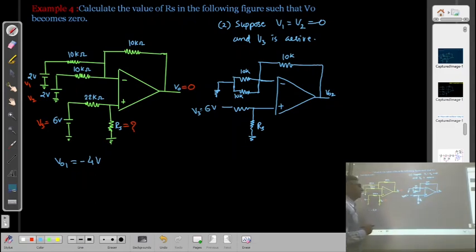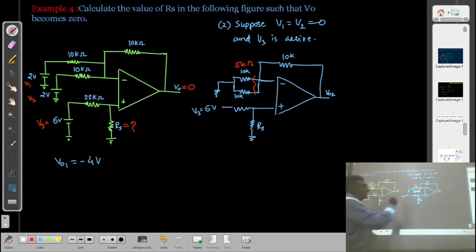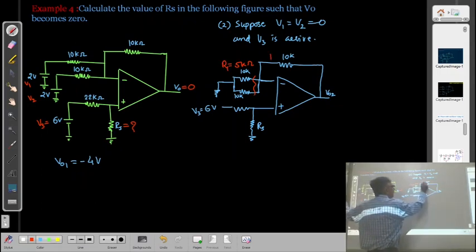Now if you look at this circuit, these 10K, 10K both are in parallel. So this parallel combination will be 5 kilo ohm. Correct? Both the resistances are in parallel. So then this will be 5 kilo ohm. Feedback resistance RF is 10 kilo ohm.